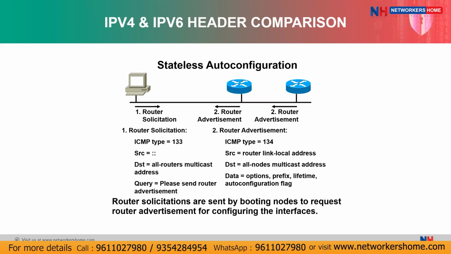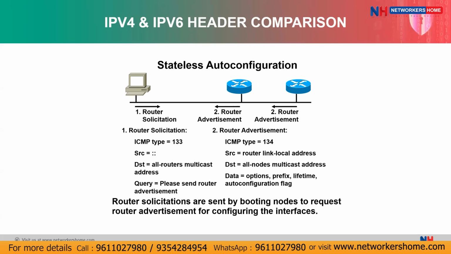The source is double colon, asking who will become my default gateway. The advertisement provides the router link-local address, and consists of the all-nodes multicast address. The query from the user is: please send router advertisement. Then we have the data option, prefix, lifetime, auto configuration flag. Router solicitations are sent by booting nodes to request router advertisement for configuring the interface.